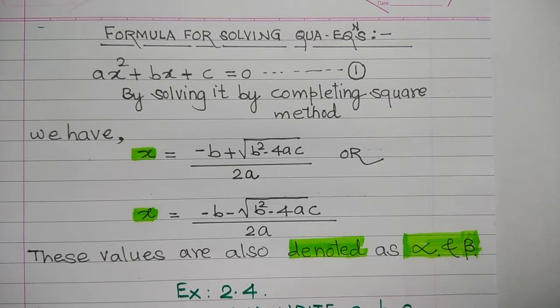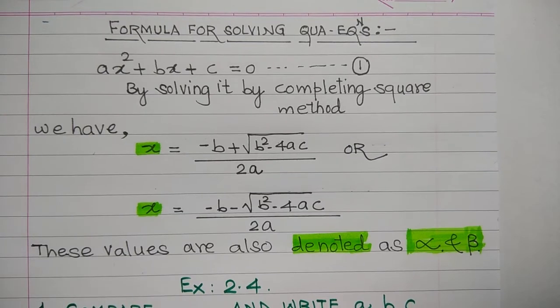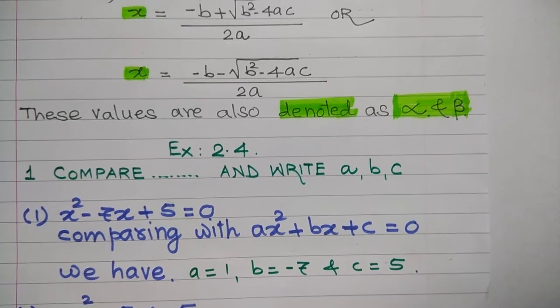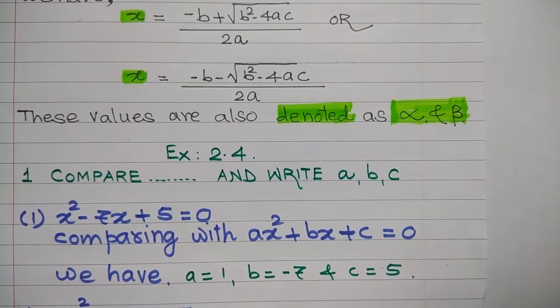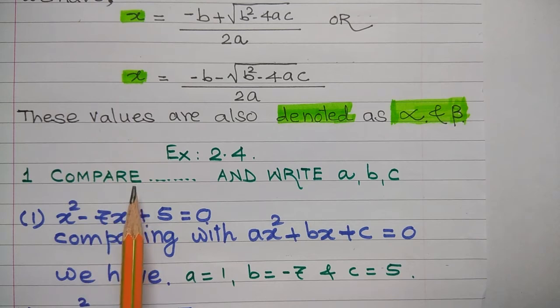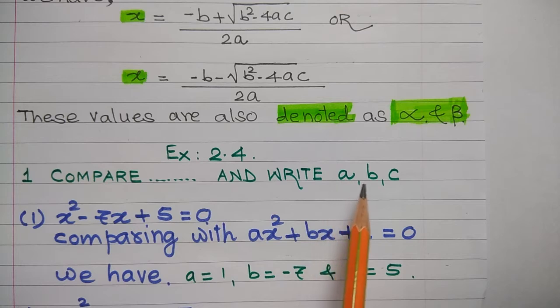So we'll turn towards exercise number 2.4, which is based on the formula method. The first question is to compare the following with the standard or general form of a quadratic equation, and then write the values of a, b and c. See the first example, x square minus 7x plus 5 is equal to 0.